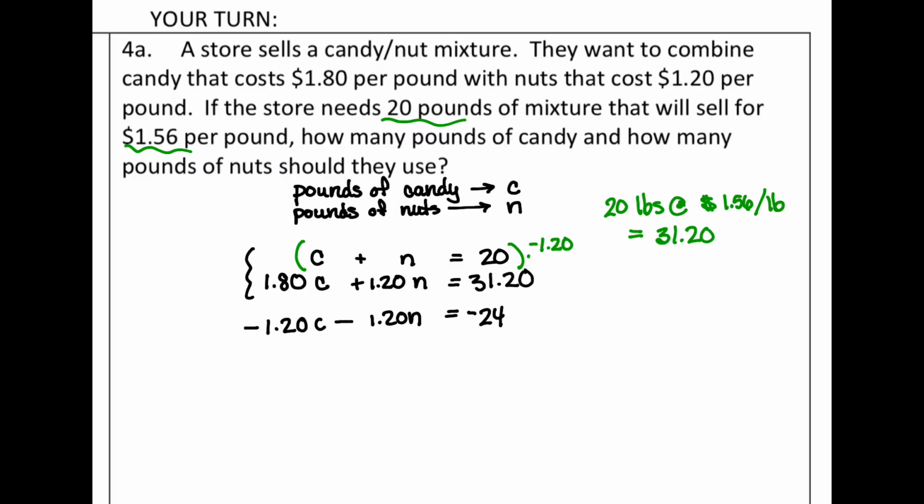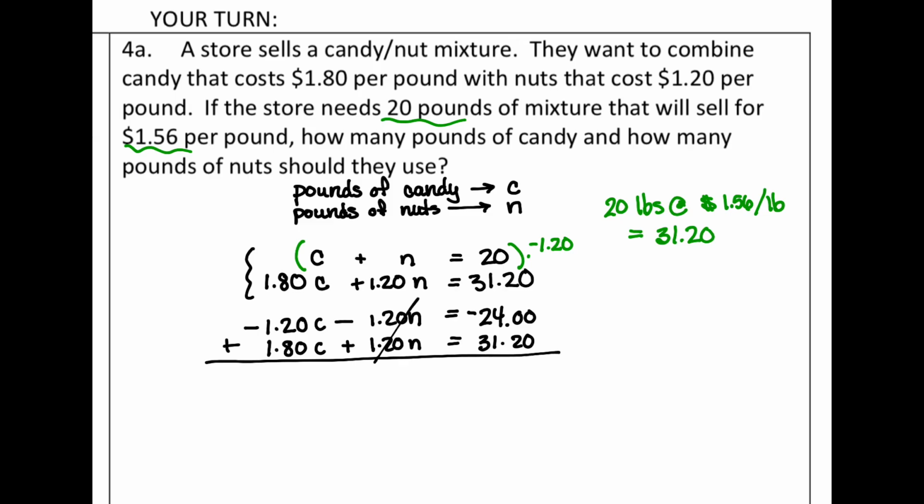Calculator just left it like that, but I know it's money, so I'm going to add the dollars just to keep myself sane. Okay, second equation is 180C plus 120N is equal to 3120.